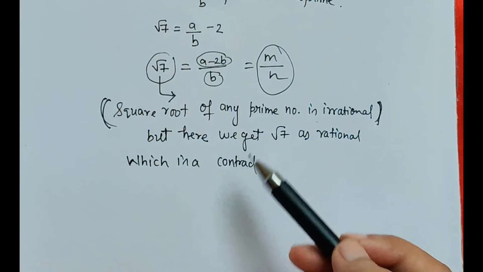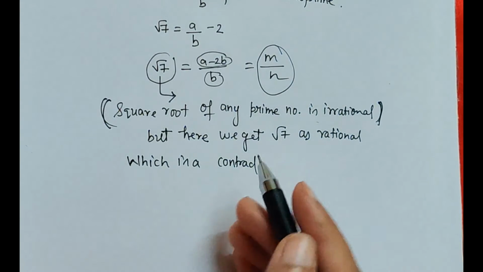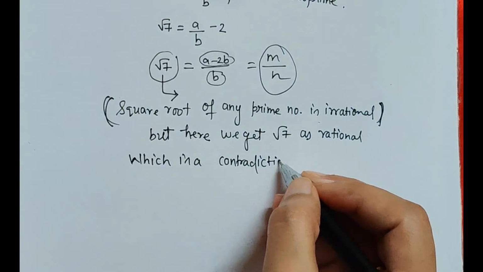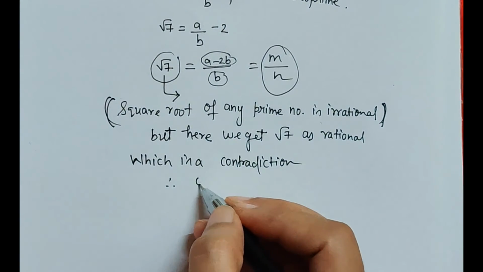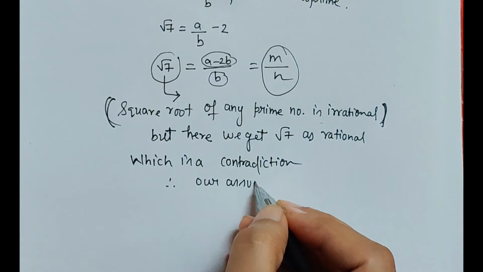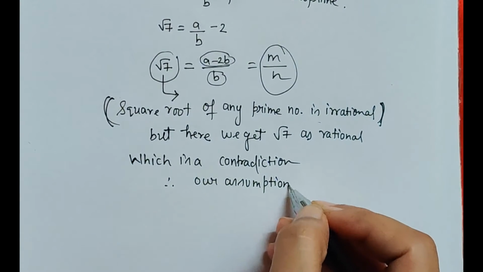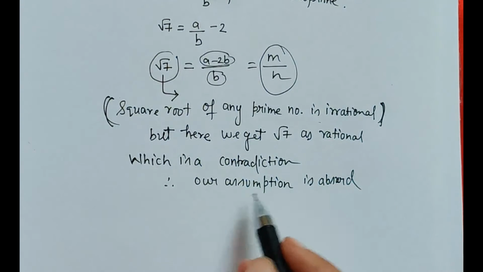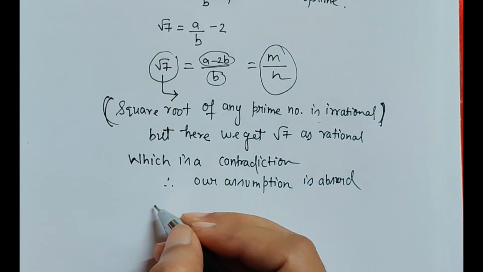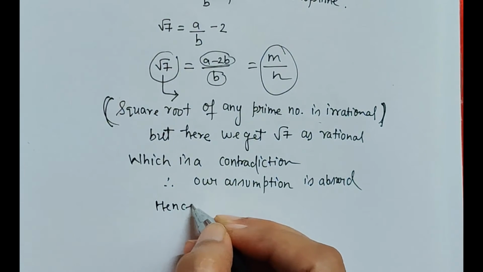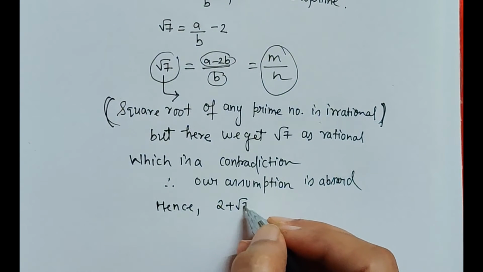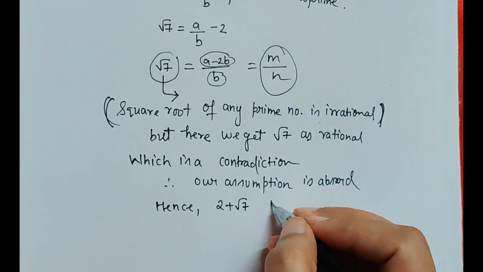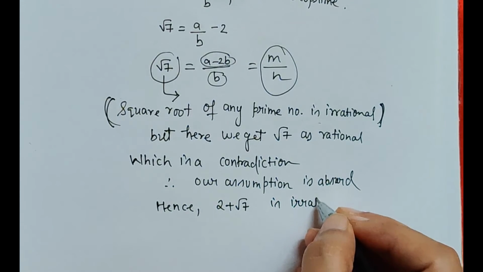These two contradict each other, so we write that this is a contradiction. Therefore, our assumption is wrong. You can even write absurd. Therefore, our assumption is wrong, hence 2 plus root 7 is not rational but irrational. Hence 2 plus root 7 is irrational. Simply you can write in this way.